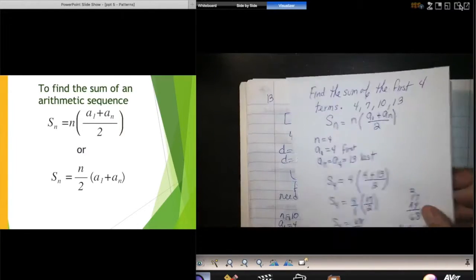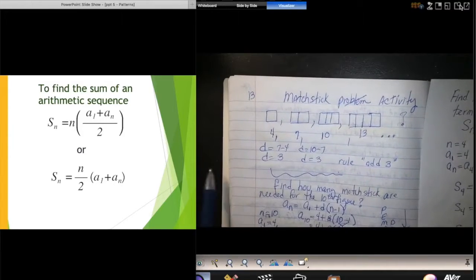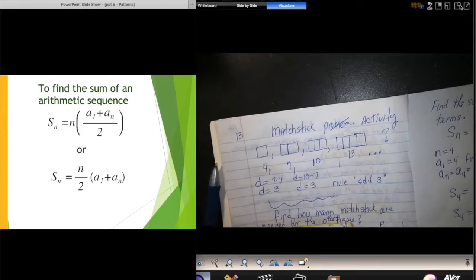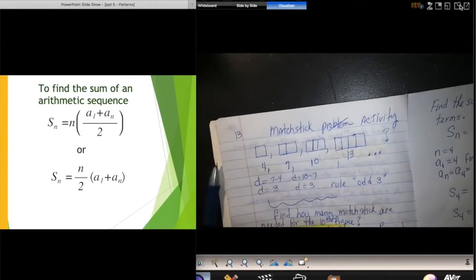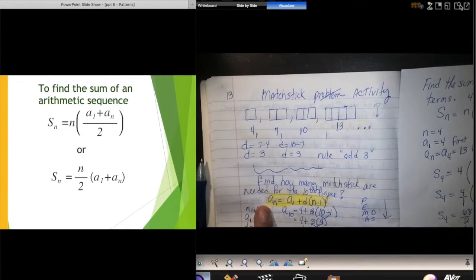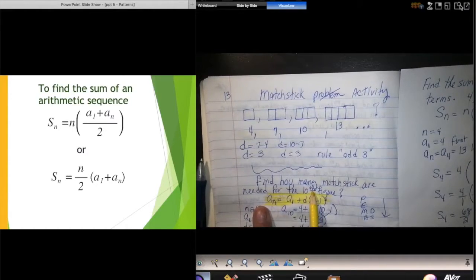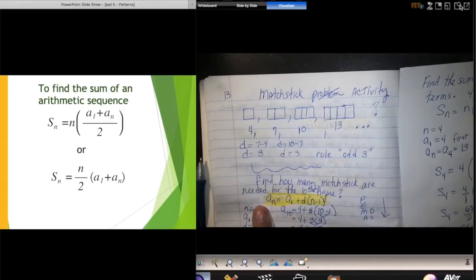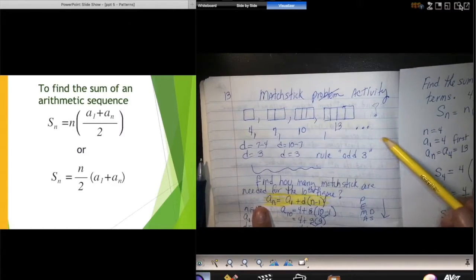Okay, so what we did was we used our formula. Let's highlight our formulas here. A sub n. So what we did was we found the nth term. We found the 10th figure. How many sticks for the 10th one only? And then I was curious. I said, you know what?